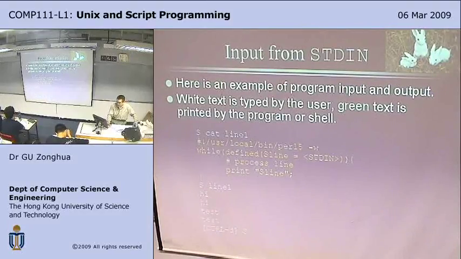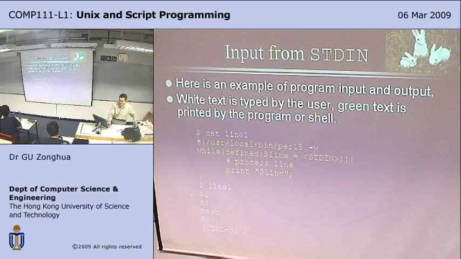So here's an example of program input and output. The green text is printed by the program, while the white text is what you type in.